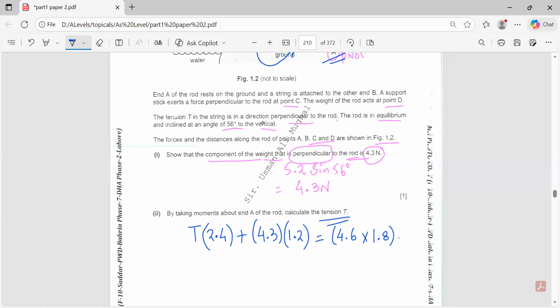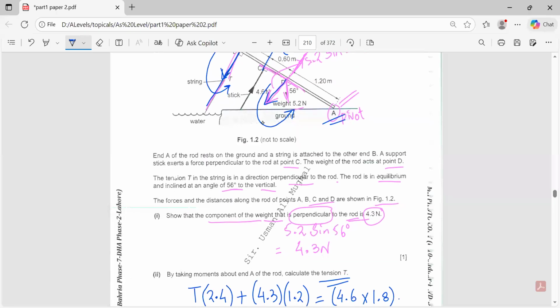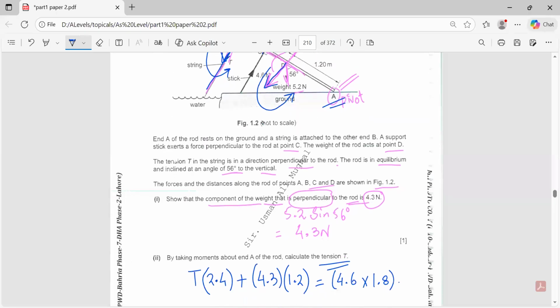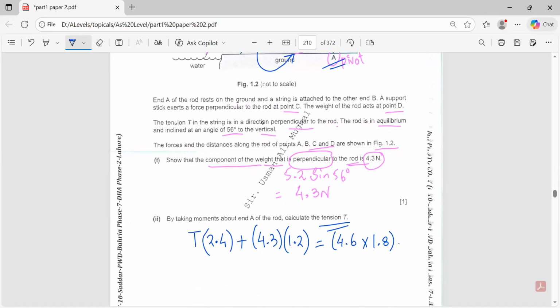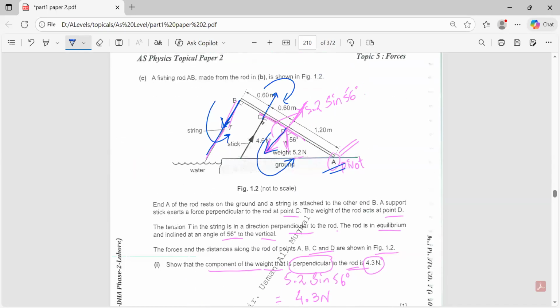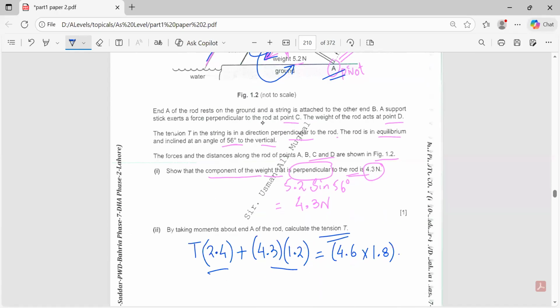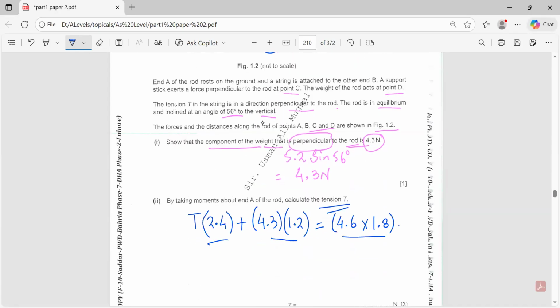So this is creating a clockwise moment, 4.3 into 1.2. This one is creating tension T and this whole distance is equivalent to 2.4. So here it is written as 2.4. And what is creating the clockwise moment? It is this force of 4.6 Newton to the right, and that is 1.8. So this is 4.6 into 1.8.